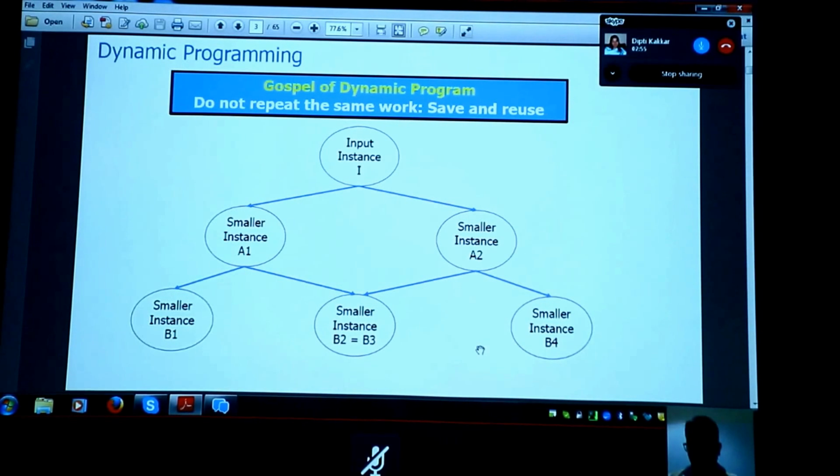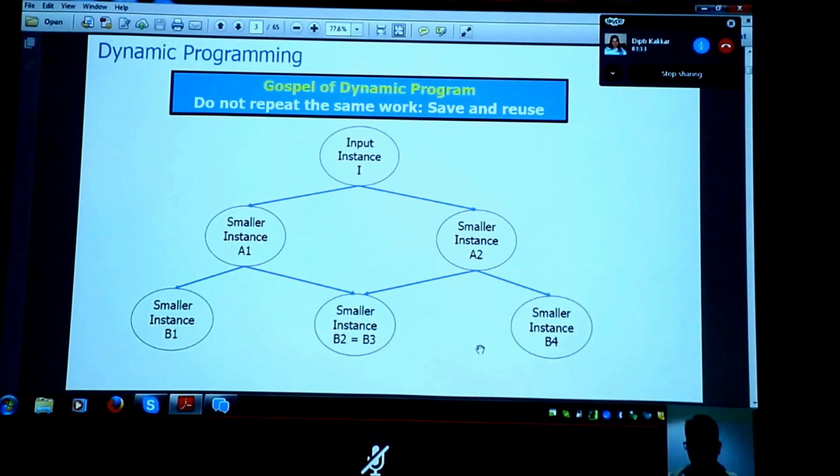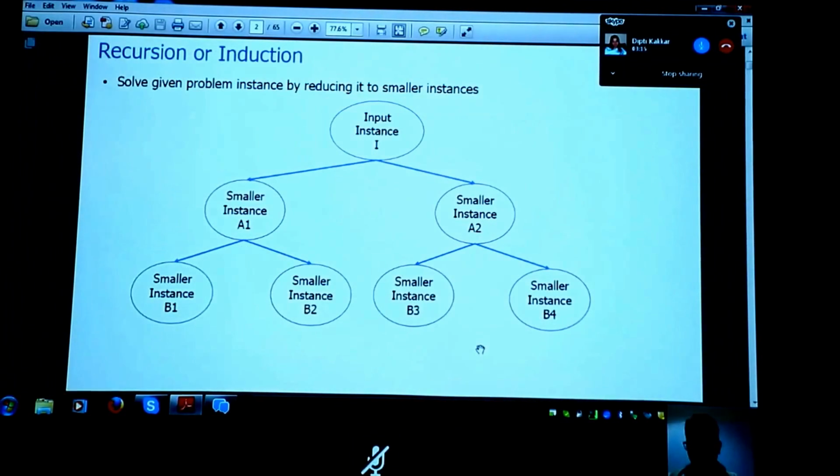And now A1 gave rise to B1 and B2, and A2 gave rise to B3 and B4. Now it may be the case that the instance B2 that A1 gave rise to and the instance B3 that A2 gave rise to are just the same. Then in the case of recursion, they are not merging, they will keep proceeding on their own. B2 will split and go, B3 will split and go.